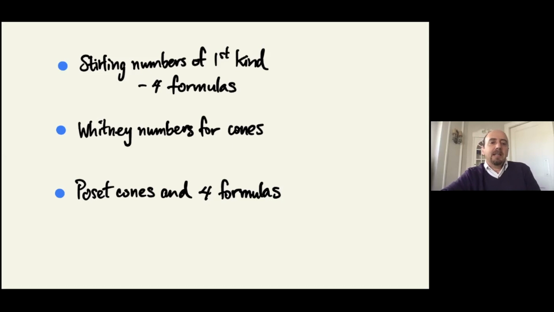Then I'll explain what are Whitney numbers for hyperplane arrangements, and what I mean by Whitney numbers for cones within hyperplane arrangements. When we look at type A hyperplane arrangements and their cones, we're really looking at posets. So we'll get a notion of Whitney numbers of the first kind for posets. Then I'm going to tell you about a generalization of the 4 formulas for the Stirling numbers of the first kind. That's the plan.